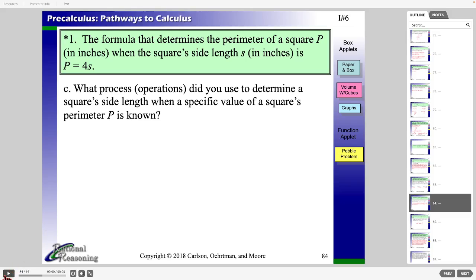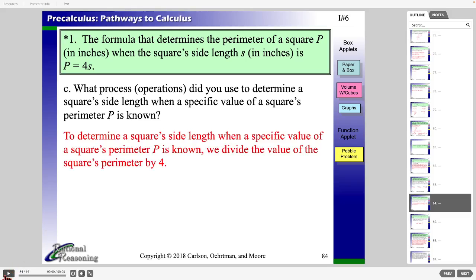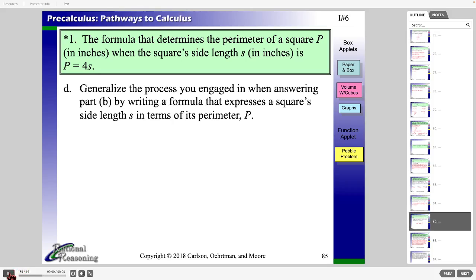So this is the idea of inverses. If we have a process that's adding a number, the inverse would be to subtract, and vice versa. So those are inverse operations. Gets us back to where we started.